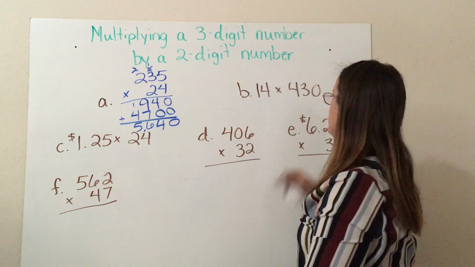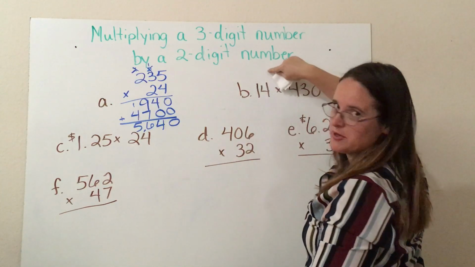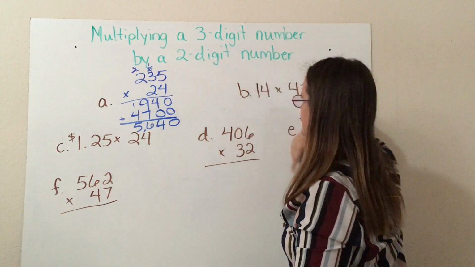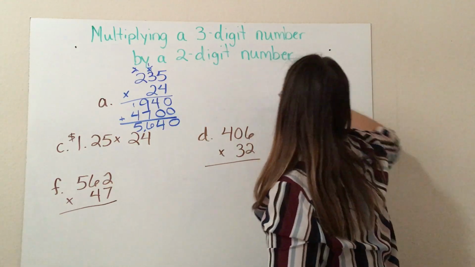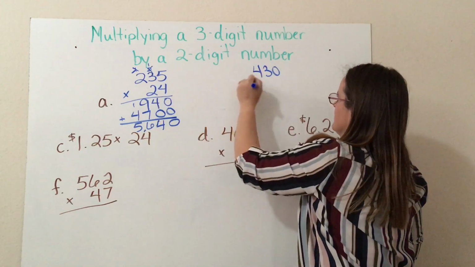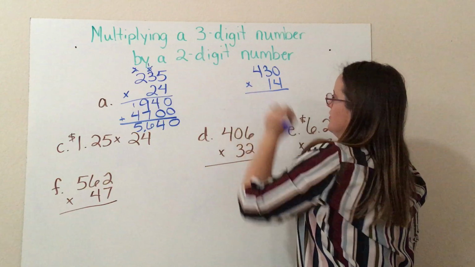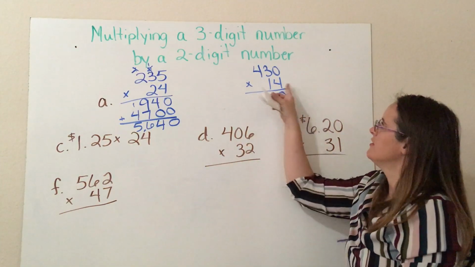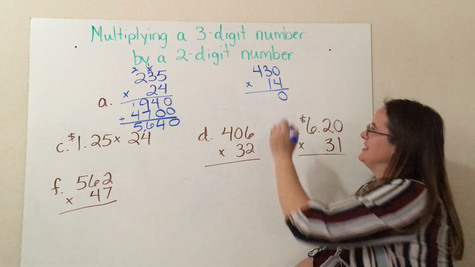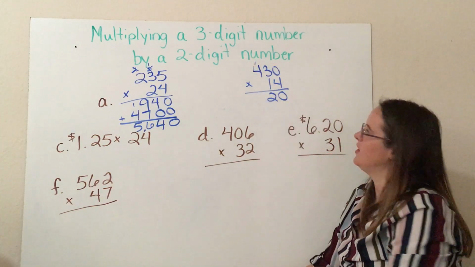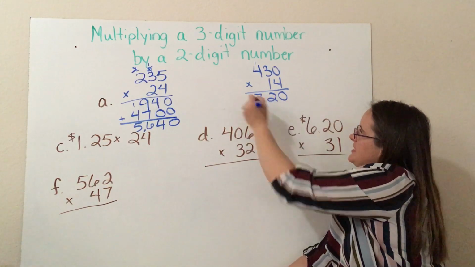Again, B, I want to rewrite it. And I always want to put the 3-digit number on top, too, because that makes less work. So 430 times 14. Okay, 4 times 0 is 0. 4 times 3 is 12. 4 times 4 plus 1 is 17.